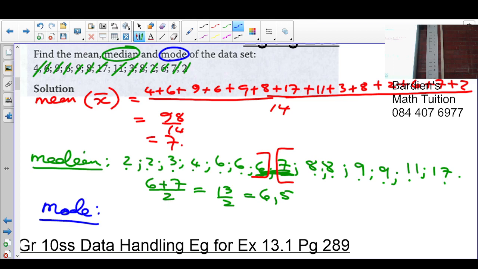So if you look here, there are two twos, three sixes, two sevens, two eights, two nines. So therefore the mode is six. So that tells us that it is the number that is occurring the most. You guys understand? Is there any confusion? No?